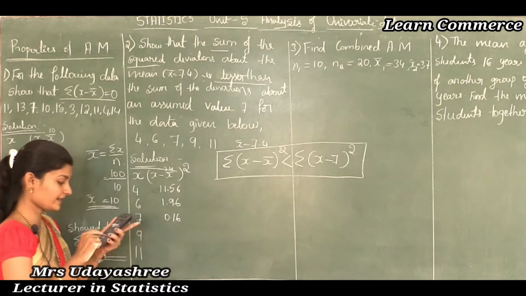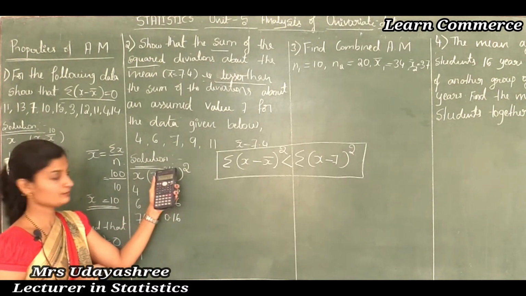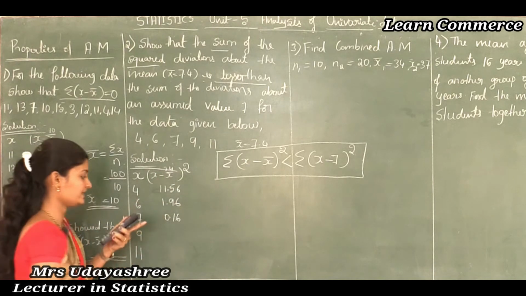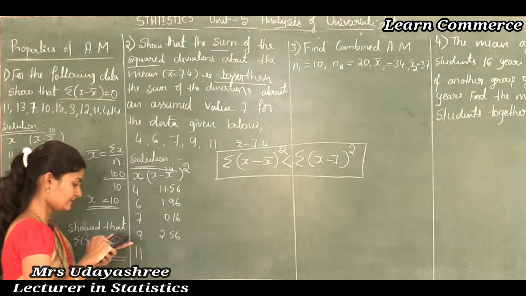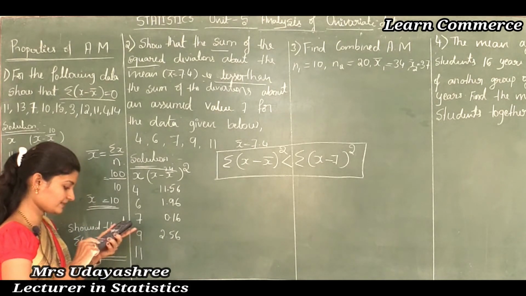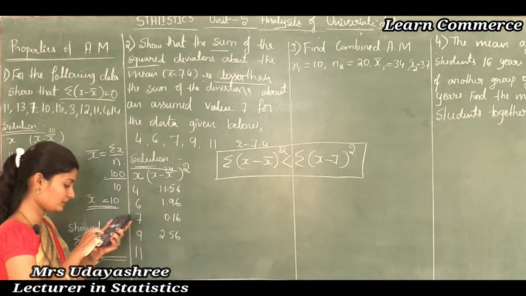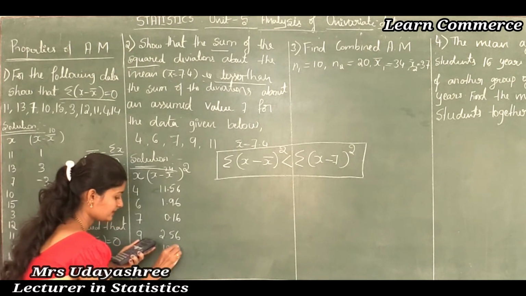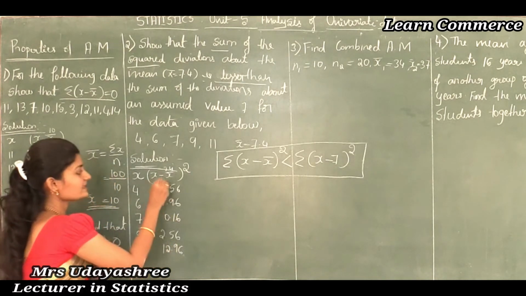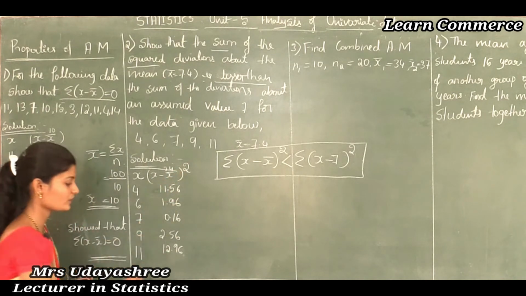Next, 9 minus 7.4 to the power 2 is 2.56. Next, 11 minus 7.4 to the power 2 is 12.96. So these are the (x minus x bar) whole squared observations.